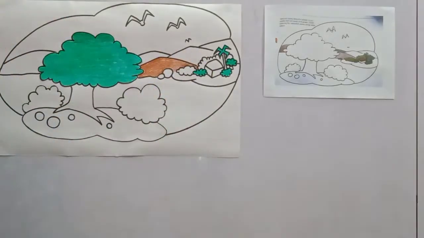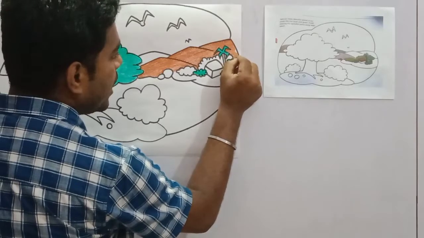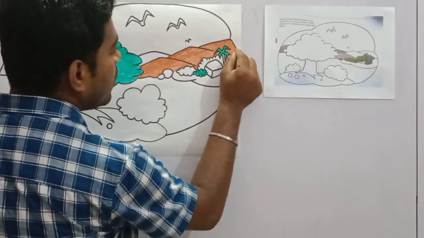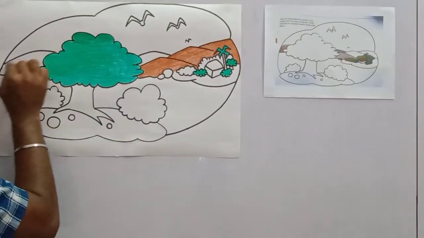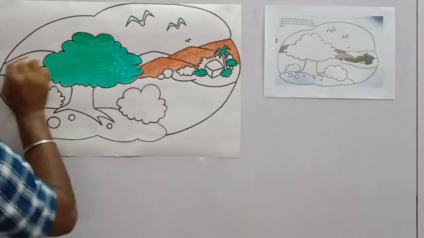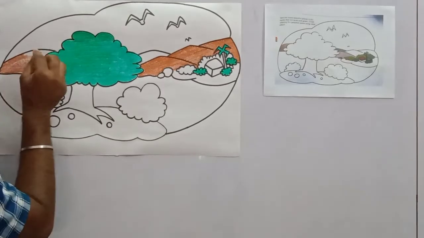That's why I am coloring it with a brown color. And we have to be very careful while coloring the very narrow parts of our drawing. We have another rocky mountain on my left side. So I am coloring it also with brown color.